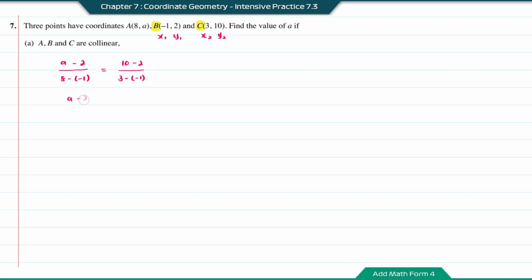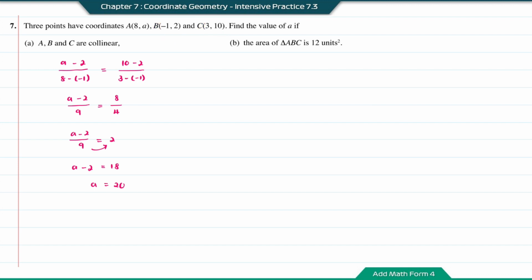So next, (a - 2)/(8 + 1) = 9, so here 10 - 2 is 8 and 3 + 1 is equal to 4. So here (a - 2)/9 is equal to 2. So a - 2 is equal to 2 times 9, which is equal to 18. Then a is equal to 18 + 2, which is equal to 20.